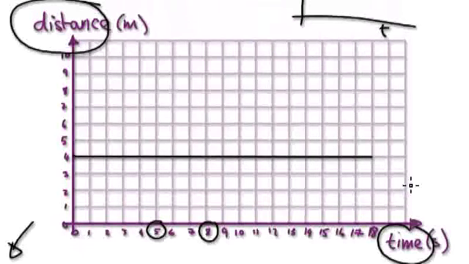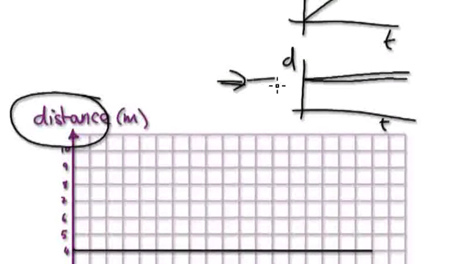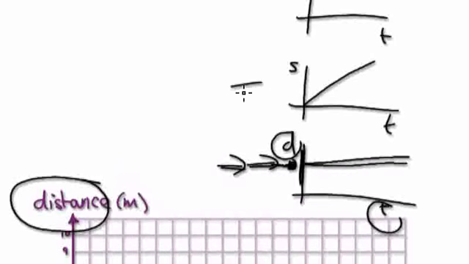So what that means is that the distance traveled here is just a straight reading. When you are looking at the distance time graph, you normally look at the y-axis. It's just a straight reading. Whereas with the speed time graph, you have to work out the area underneath the graph to work out the distance traveled.